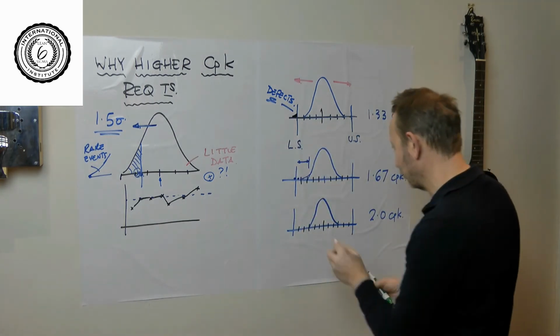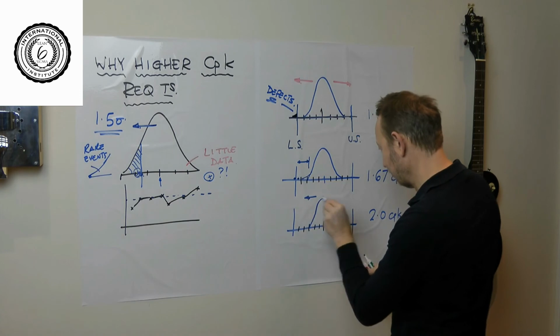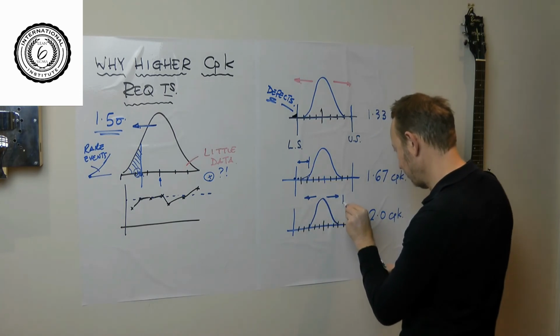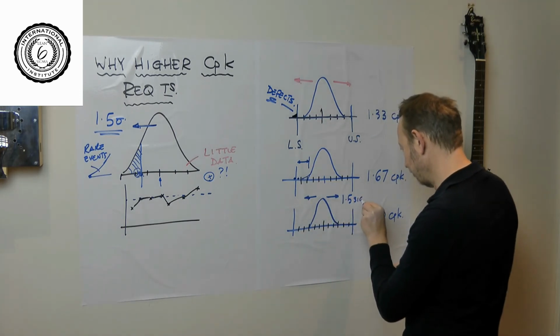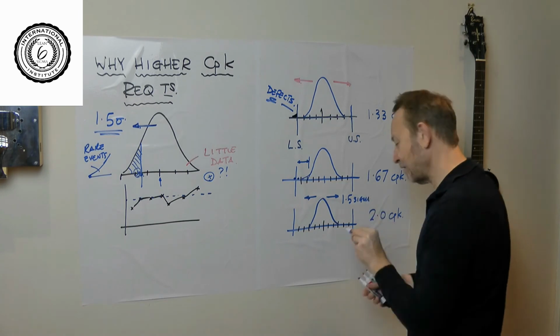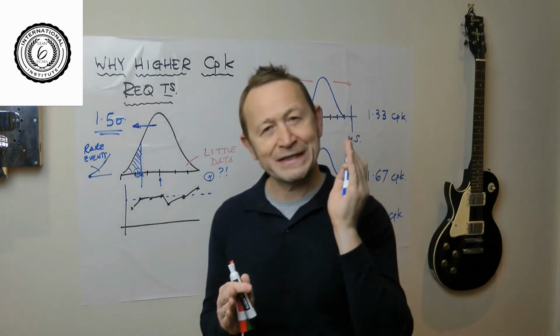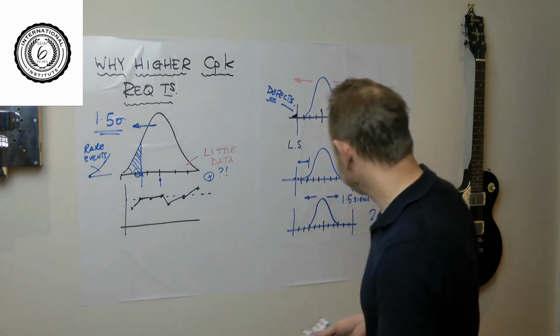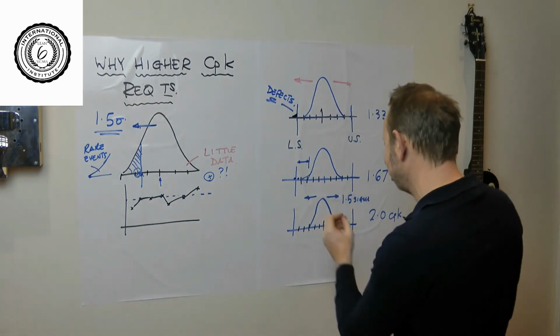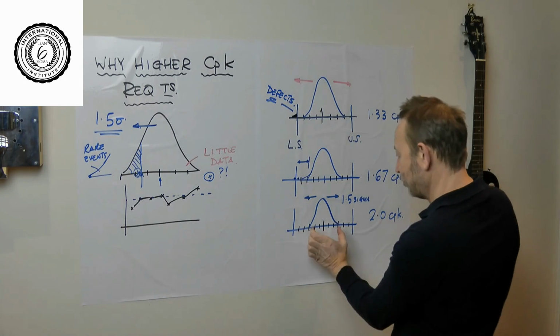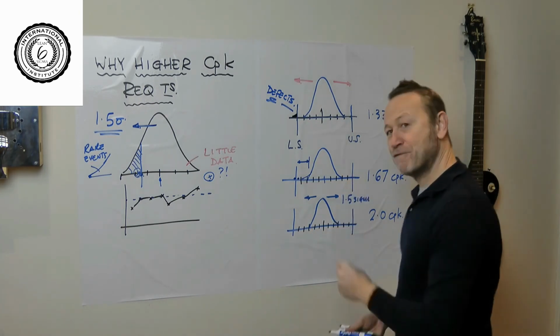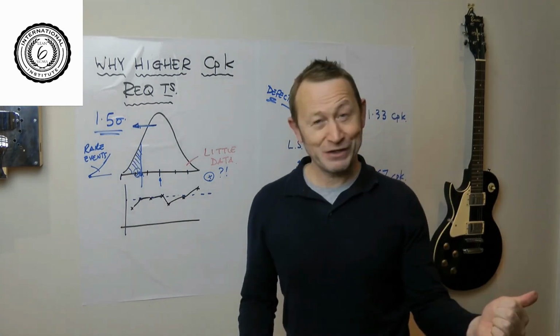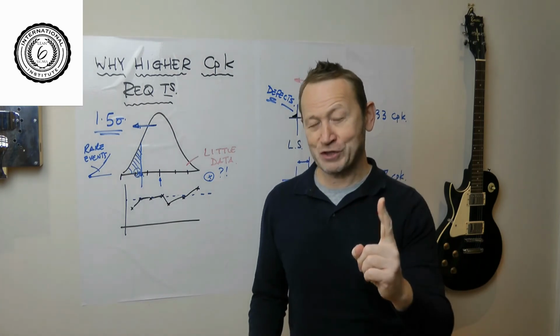Now this thing, of course, is going to move by 1.5 sigma before we can guarantee that we're going to see the shift. That's what this is about. It's about guaranteeing the ability to see the shift. Now, of course, because my sigmas are smaller, first of all, the distribution isn't moving as far. That's the first thing.